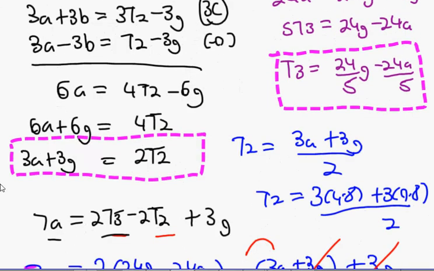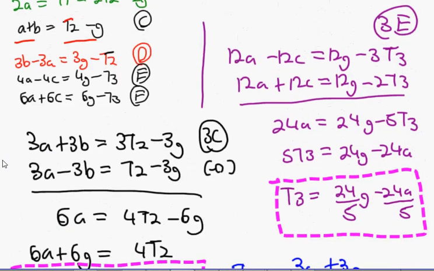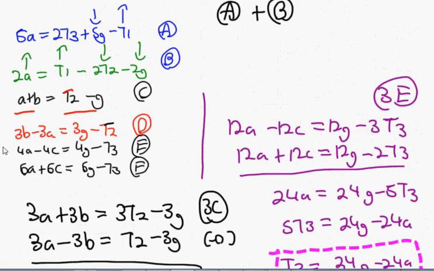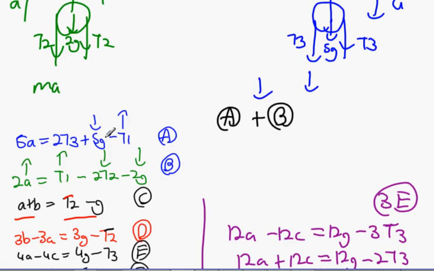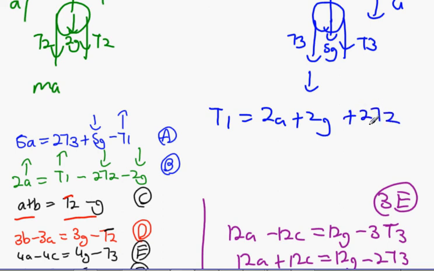And now T1, where's our equation for T1? Now we eliminated T1 at the start, didn't we? But here it is. So what we can do with T1 is we can say that T1 equals 2A plus 2G, I'm using equation B, plus 2T2. So what's that going to be?